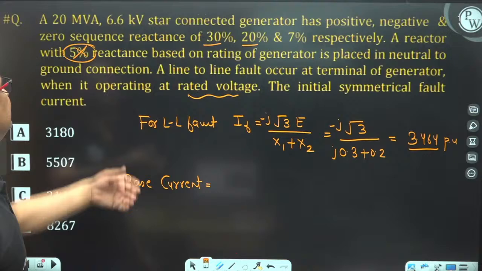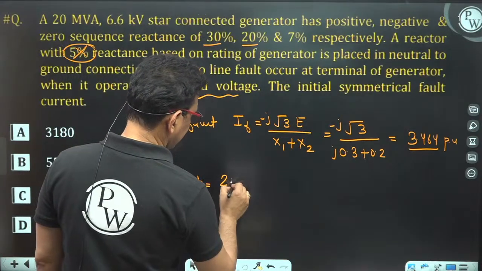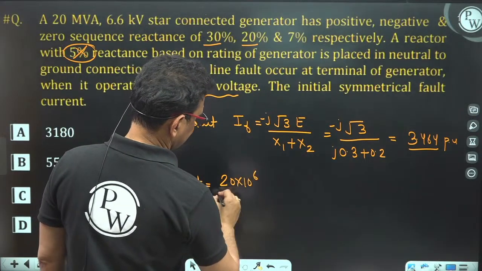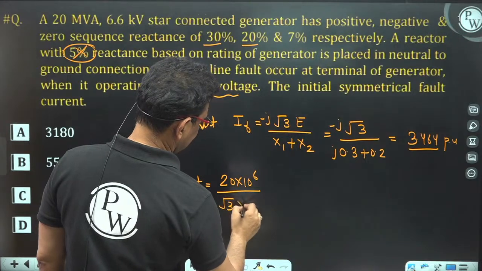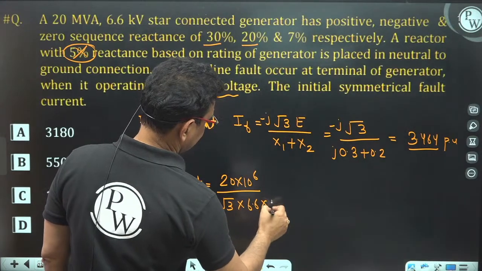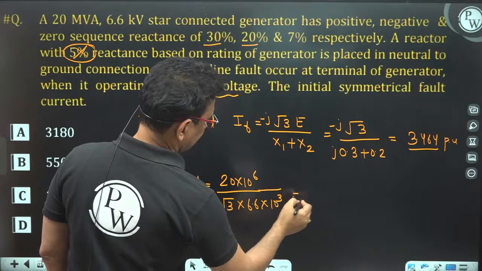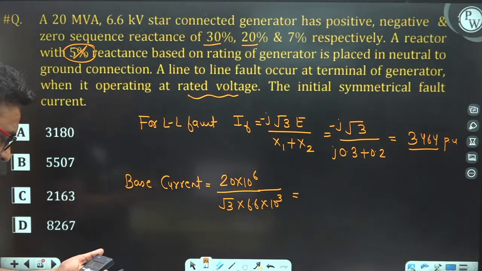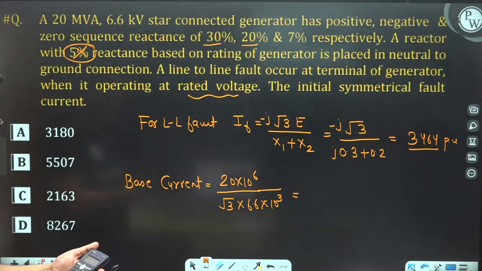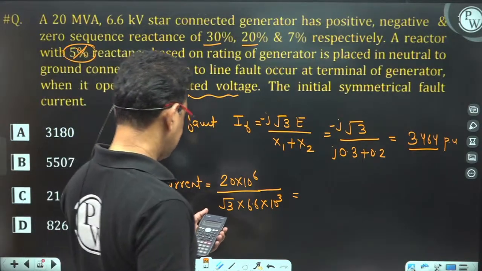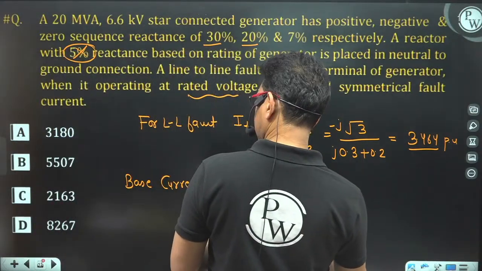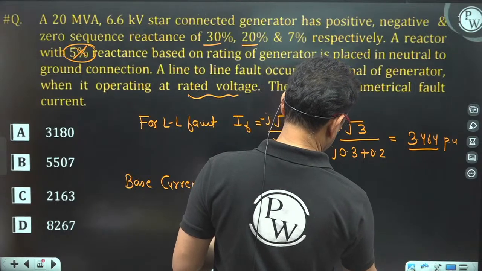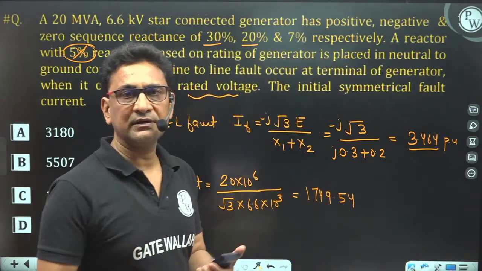It's 20 MVA and 6.6 kV, so 20 MVA divided by 6.6 kV into root 3, which is 1749.54. So you got the value of base current.